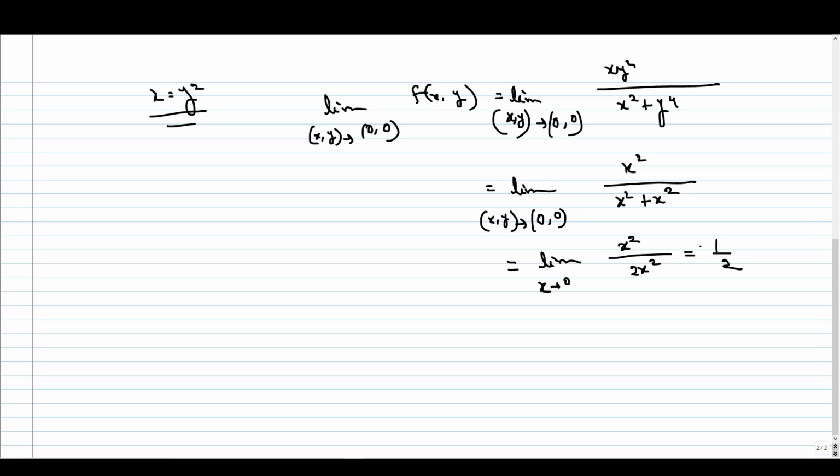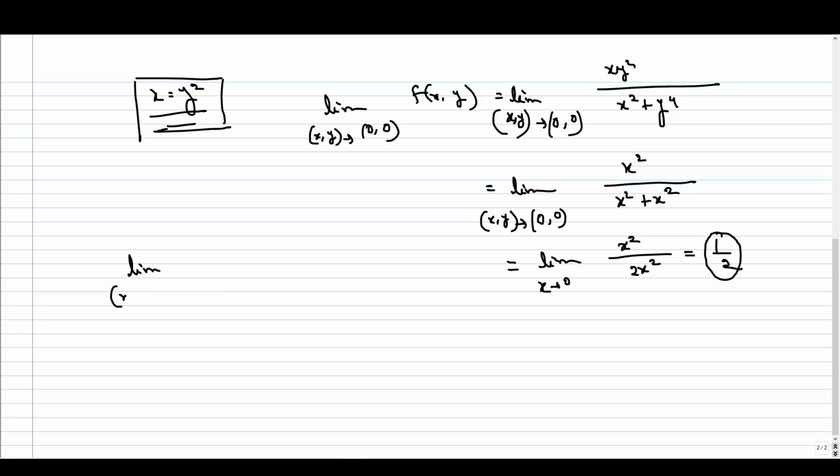So this limiting value is half, which is not 0. When we approach via any straight line, we have seen the limiting value is 0. But when we take this curve, which is a parabola, we can see that the limiting value is half. So the limiting value does not match for every curve, and we can conclude that the limit of this function does not exist.